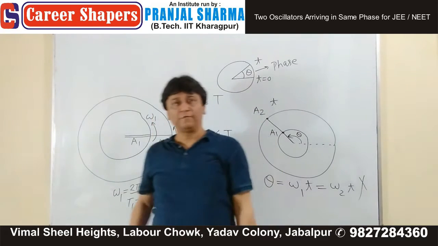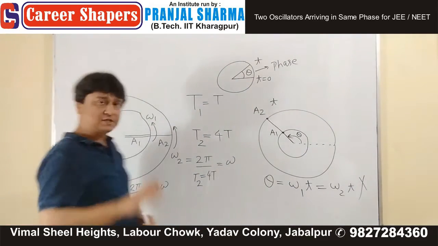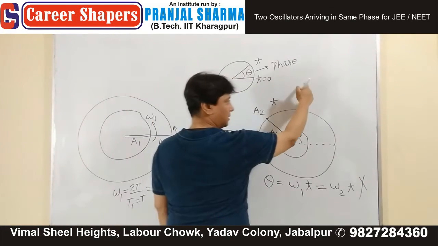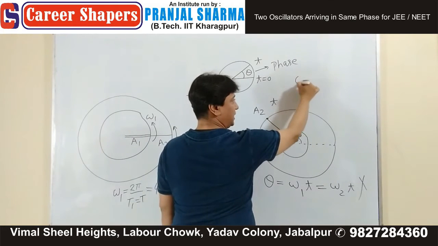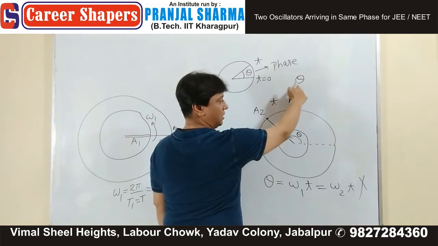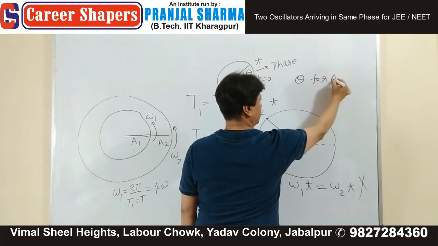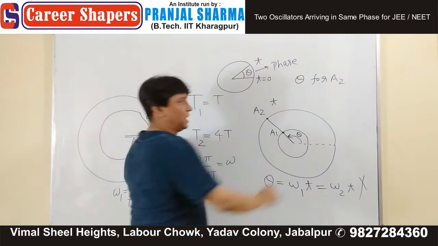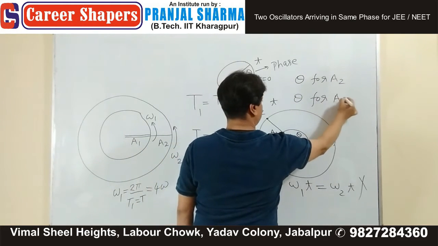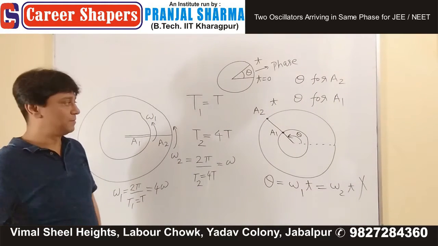What is the meaning of it has completed one round? So if it has completed one round, then theta for A2 and theta for A1, they are basically not the same.